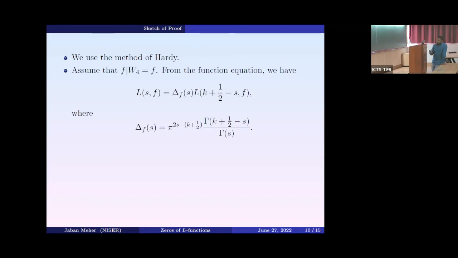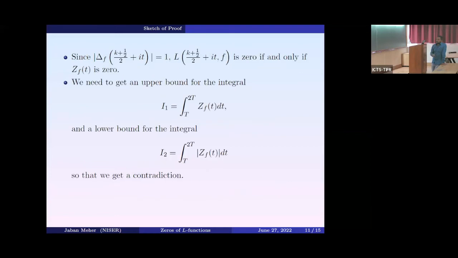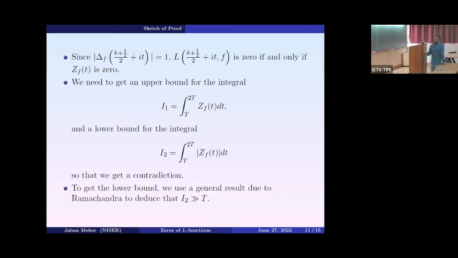Like in the Riemann zeta case, we consider the Hardy function here, and since the absolute value is 1, the L-function is 0 if and only if the Hardy function at t is 0. We consider the integrals I1 and I2 and get a contradiction like in the previous case.